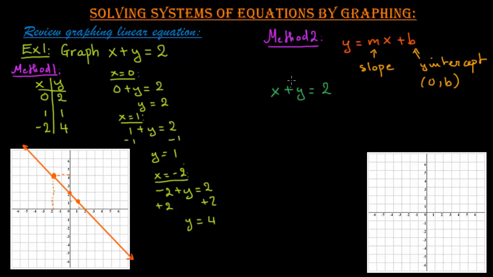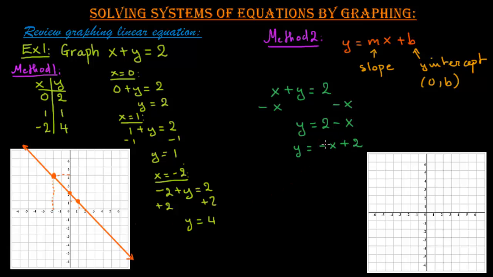As you see, to write this equation in slope-intercept form, basically I have to solve for y. So what we're going to do is subtract x on both sides. So y equal to 2 minus x. And to write it in the right form, x has to stay next to the equal sign. So we have y equal to negative x plus 2, like this.